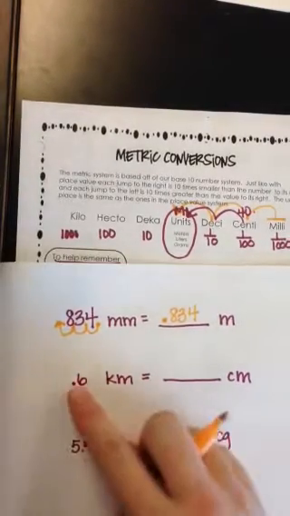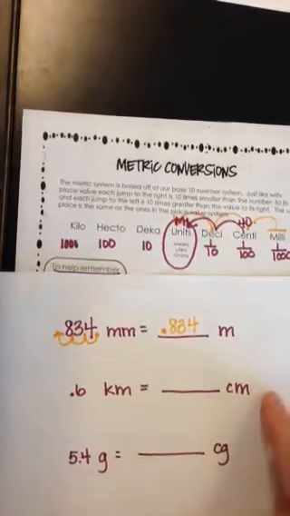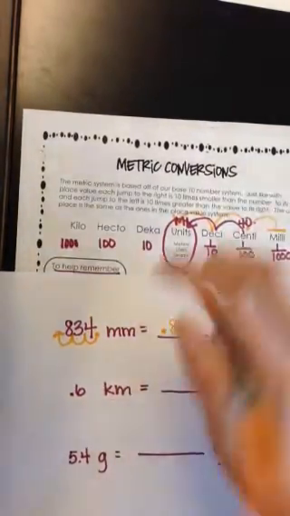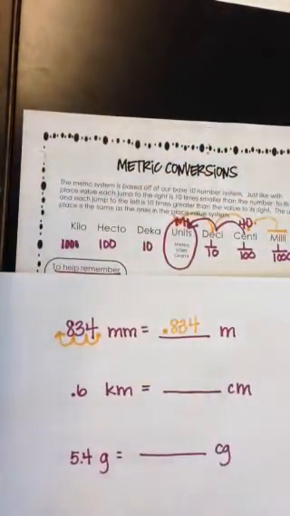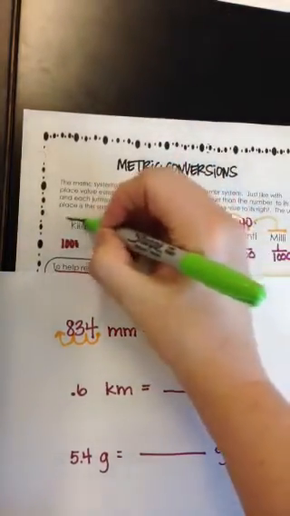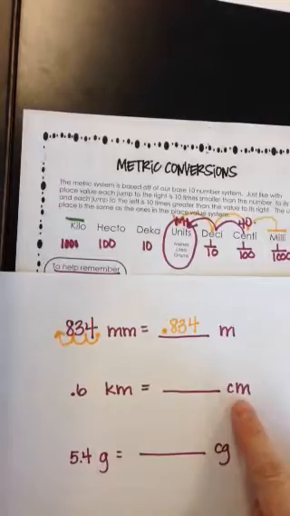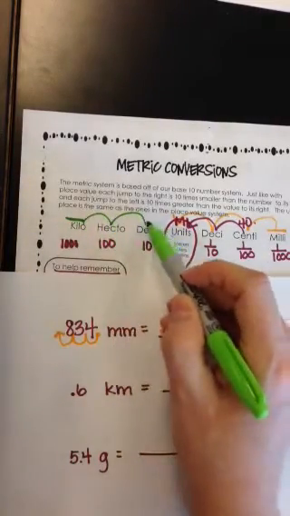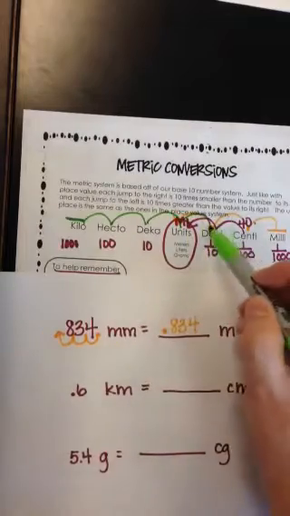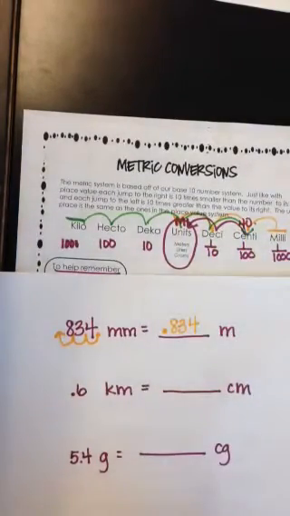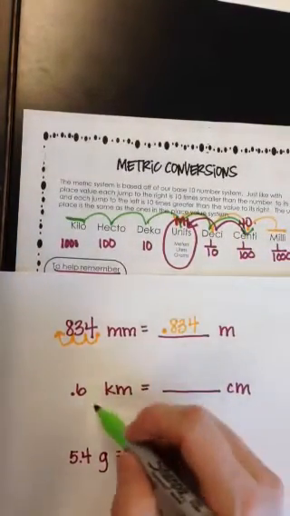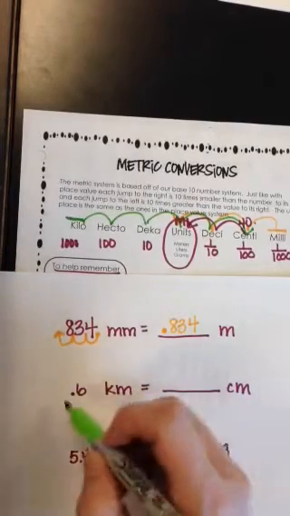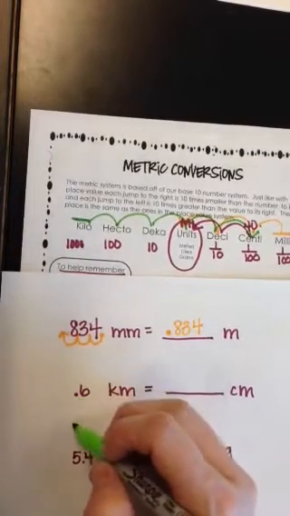Okay, so let's look at going the opposite way. So this time I'm going to start at kilometers. Again, let me switch colors. So I'm starting at kilometers, and I want to make it all the way over to centimeters. So it's going to take me 1, 2, 3, 4, 5 jumps to the right to get to centimeters. So I'm going to hop my decimal 5 jumps to the right.